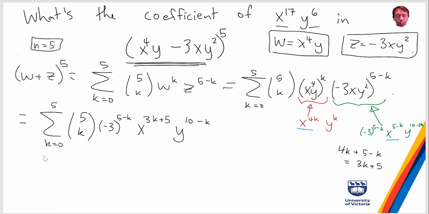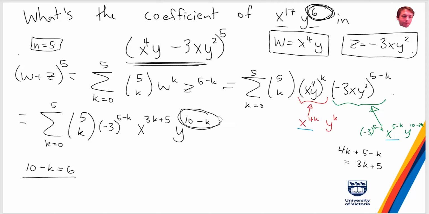Well, we want the coefficient of x to the 17, y to the 6. So we have some equations here to deal with in some sense. Let's deal with the y equation because it's a little simpler. We want the term where k has the property that 10 minus k equals 6, right?